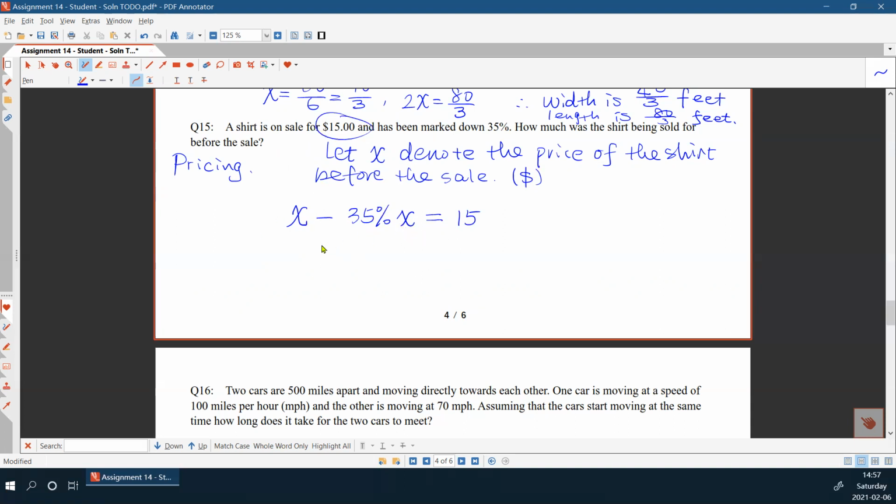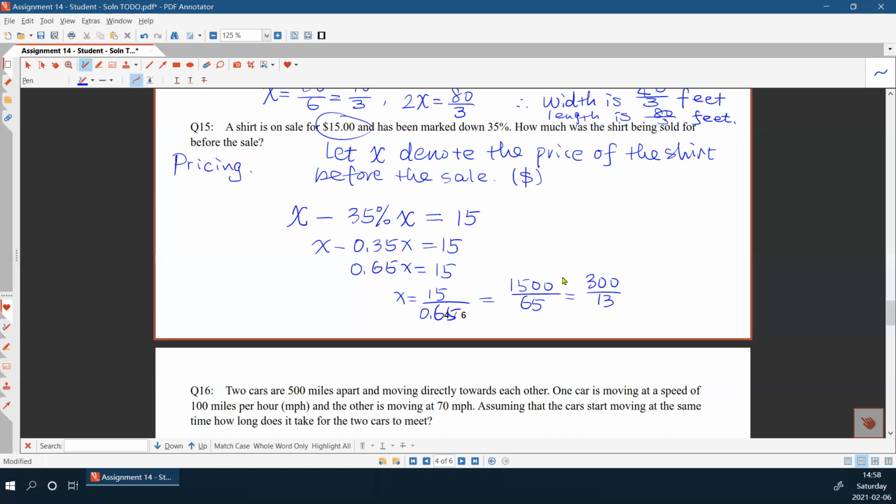This means x minus 0.35x is 15. So here we have 0.65x is 15. So x is 15 over 0.65, which we need to simplify, right? 1500 over 65, which is 300 over 13.